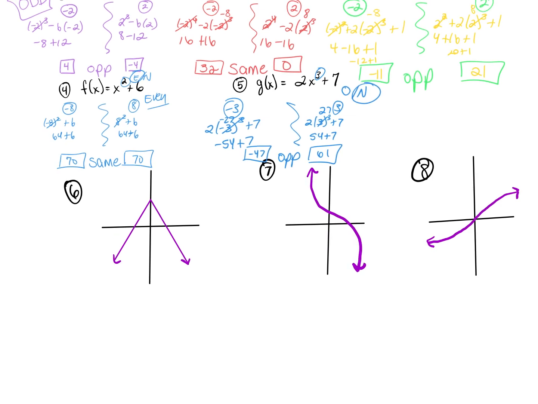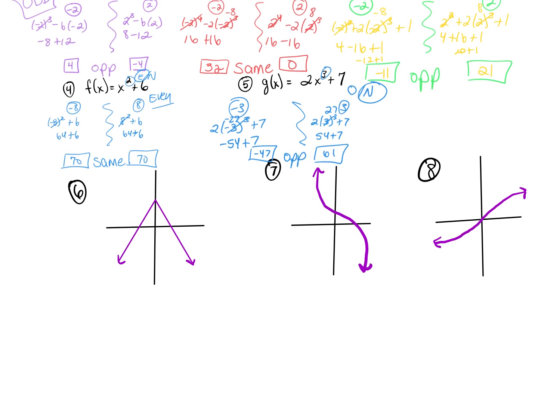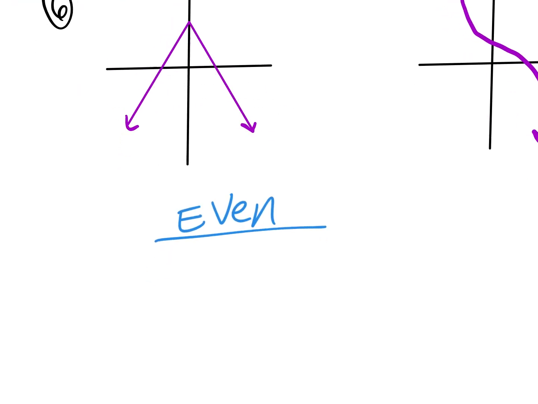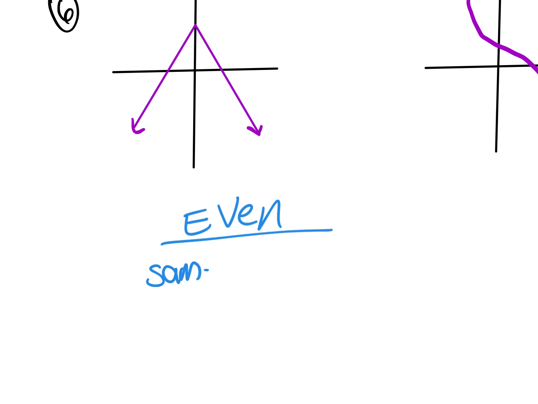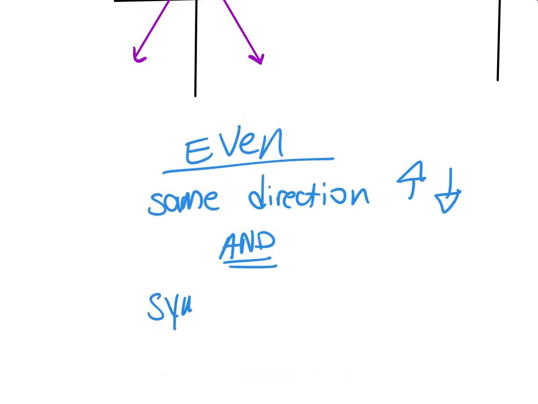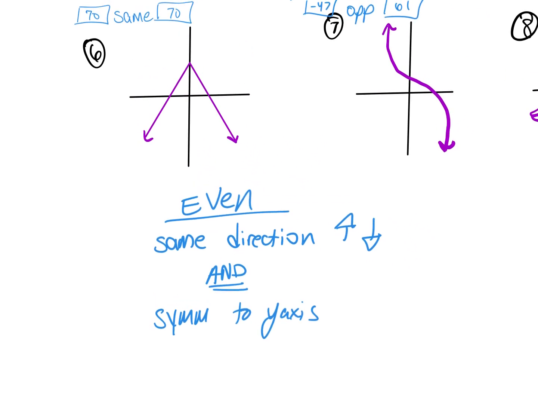Graphically, if you guys are given a graph and you have to determine if something is even or odd, let's remind ourselves: an even function, arrows are in the same direction, up or down, and your function is symmetric to the y-axis, meaning the y-axis cuts it in half, evenly on one side or the other.